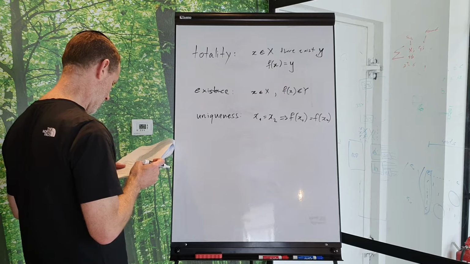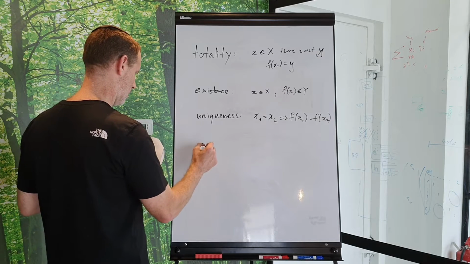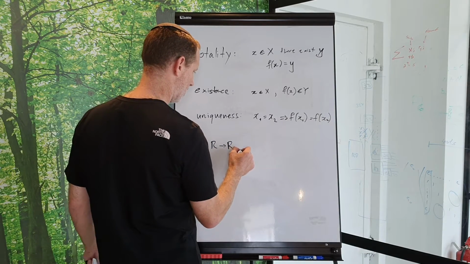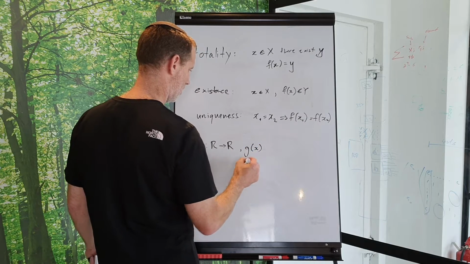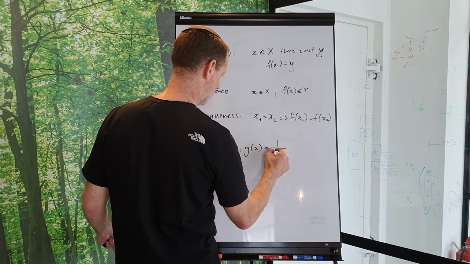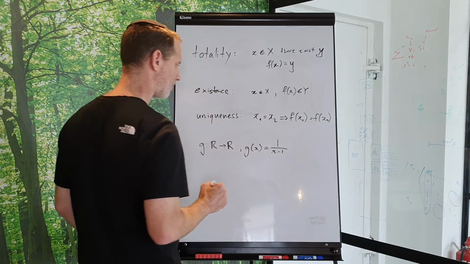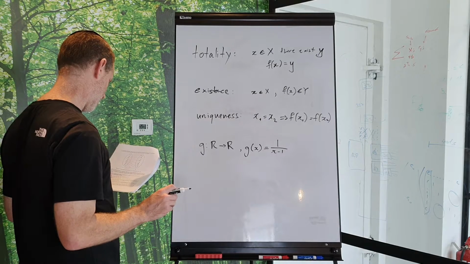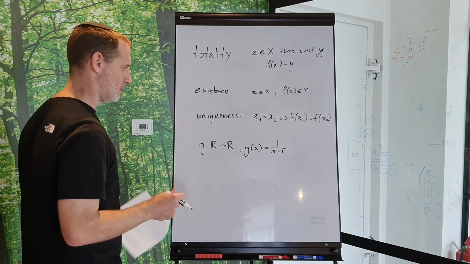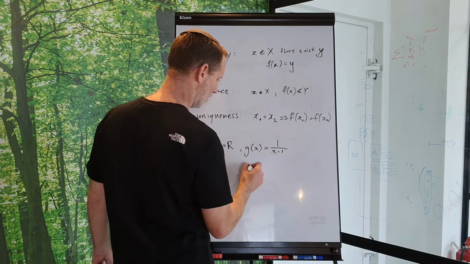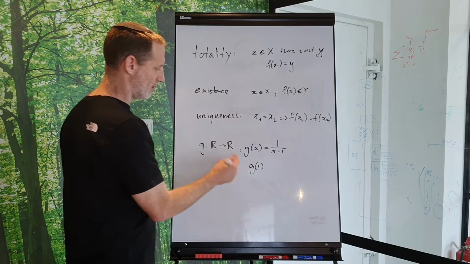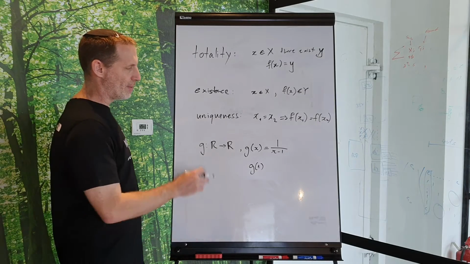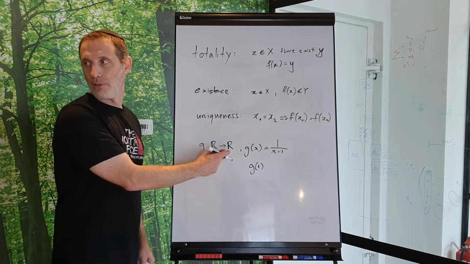If I define g from R to R with g of x equals 1 divided by x minus 1, then I've got a problem with totality because I cannot define g of 1. g of 1 is not defined in R. Maybe this can be corrected if I expand R here.